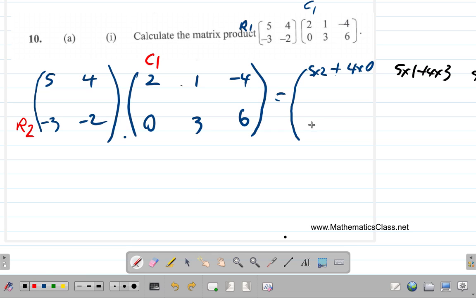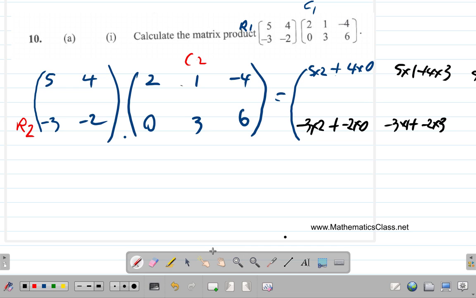So you have negative 3 by 2 plus negative 2 times 0. Then row 2 by column 2: first by first, negative 3 times 1, plus second by second, negative 2 times 3.